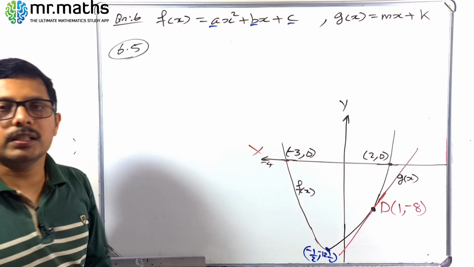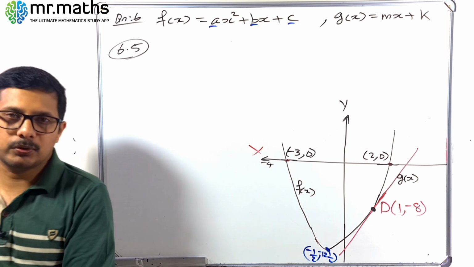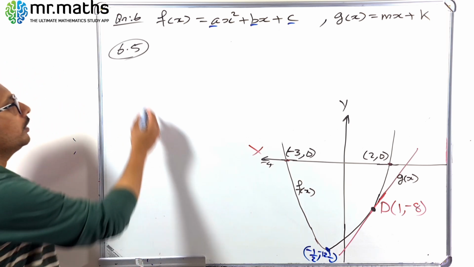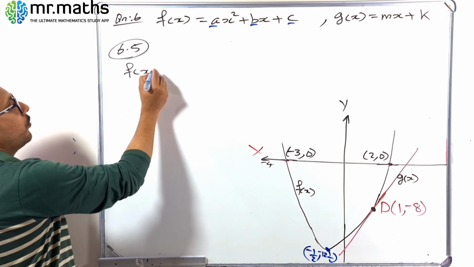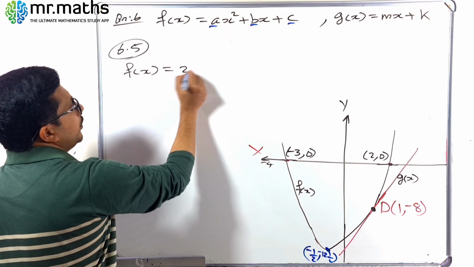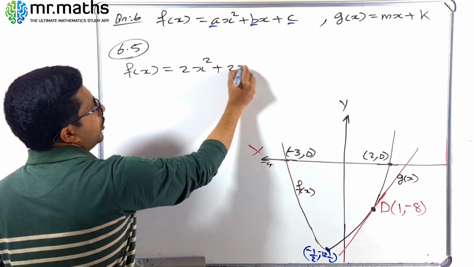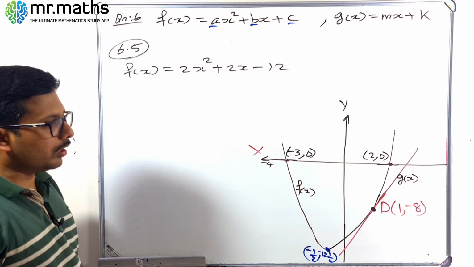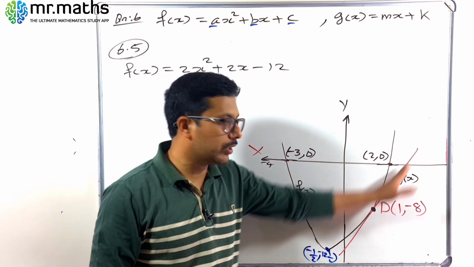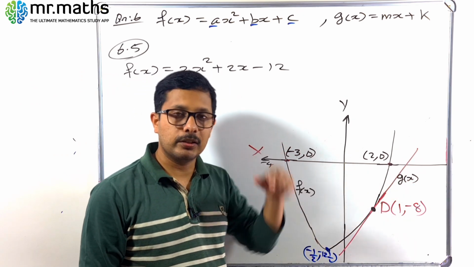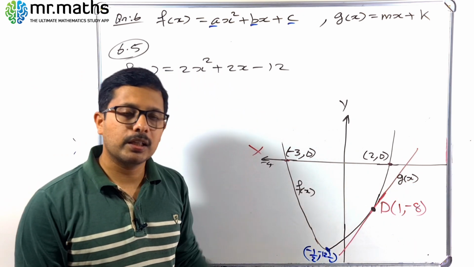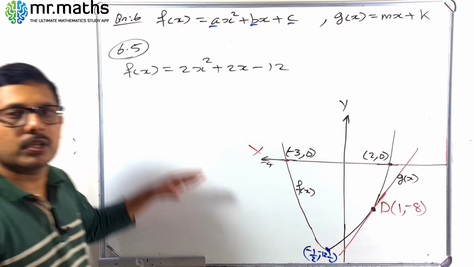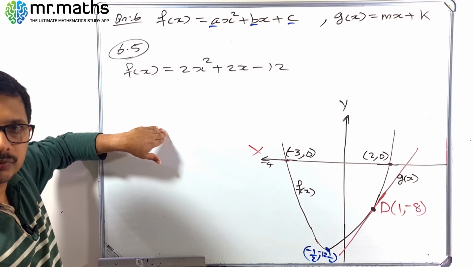So this is actually not a function question, it's a calculus question. Anyway, let's try to do that one. f of x is equal to 2x squared plus 2x minus 12, we know that. You remember that one. Now how can you find the gradient of a tangent in calculus? To find the gradient of this tangent, first you have to find the derivative of this equation.